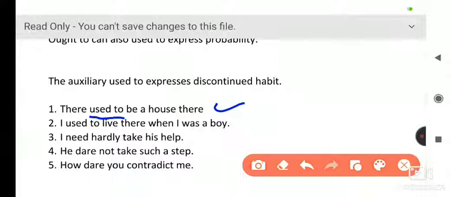Second example, I used to live there when I was a boy. In this sentence, it expresses that in previous years when he was a boy, he used to live there.